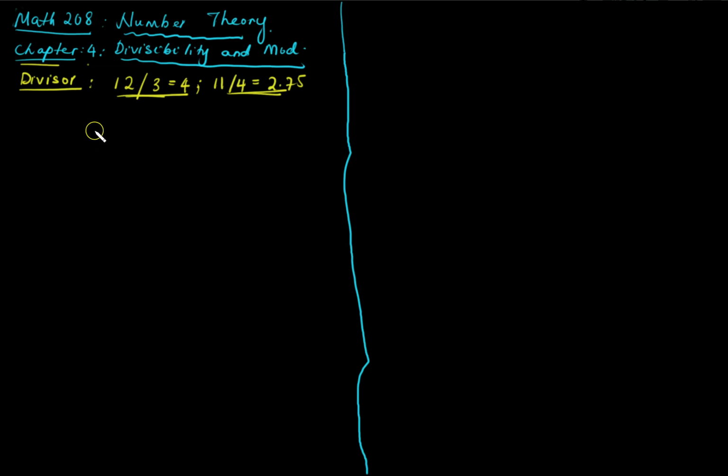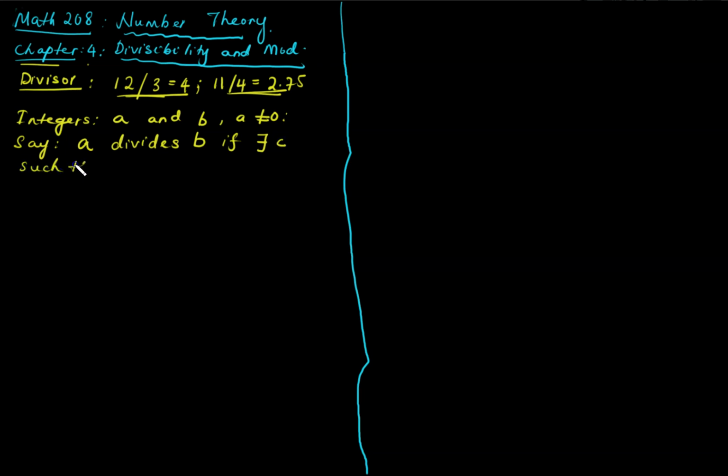Suppose we have two integers, let's just give them the names A and B, and make sure that A is not 0 because we're going to divide something by A. Then we say A divides B if there exists, remember the notation for there exists, an integer C such that you can write B as A times C. In other words, C is an integer where you can write it as B over A. So that's the whole idea here.